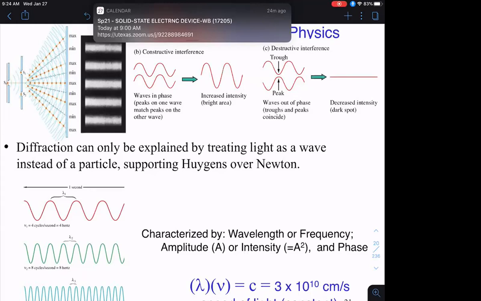This is this famous wave particle duality that I'm sure you saw in AP physics or undergrad physics. That's really the basic thing that's important, because when electrons propagate in a semiconductor crystal, they also have this wave type characteristics that's absolutely essential to understand.